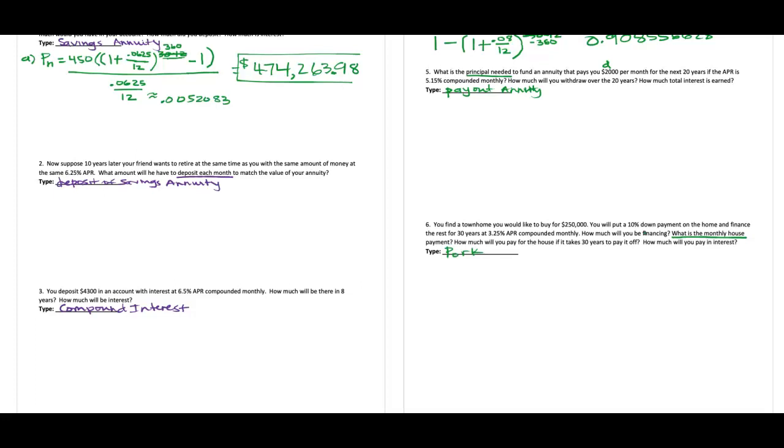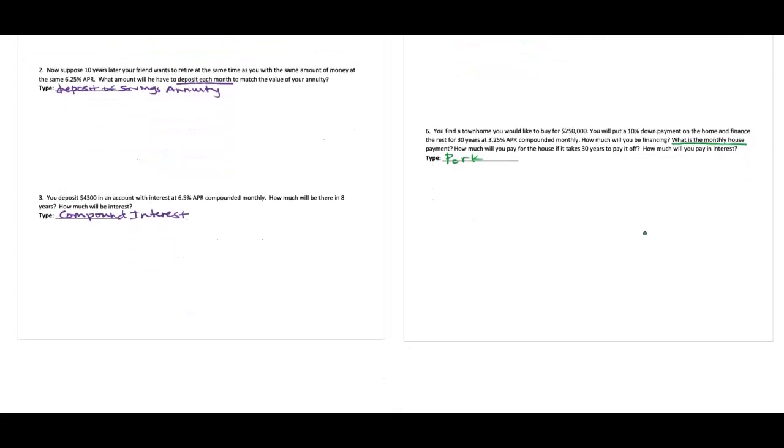Okay, let's do it. Okay, so this one has a lot of different parts to it, but that's all right. Okay, so you find a townhome you would like to buy for $250,000. You will put 10% down. All right, so the first part is we're trying to figure out how much we'll be financing, but we've got to figure out how much we're putting down first.